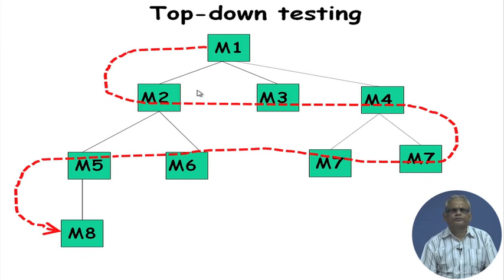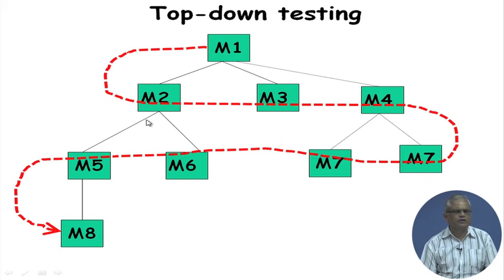But just remember that here we will have to write stubs. Just like in bottom up testing we needed drivers, in top down testing we need stubs, because observe here M2 is calling M5 and M6, but we have not integrated M5 and M6.